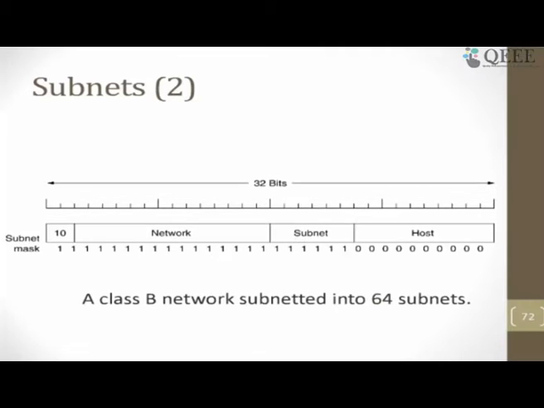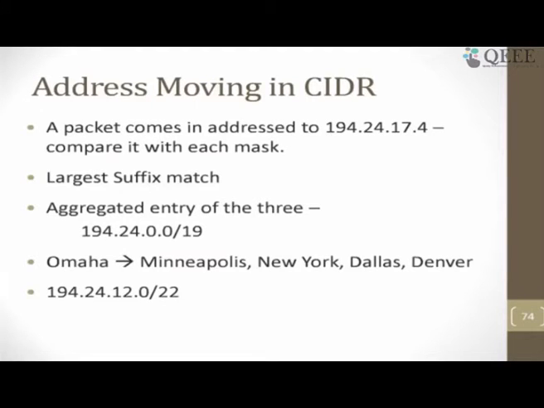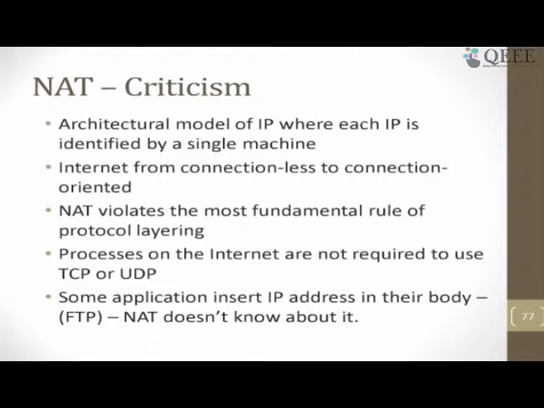So there are some pitfalls of NAT. One very big pitfall is, what layer protocol is this? Is this an IP layer protocol or a TCP layer protocol? It is an IP layer protocol.